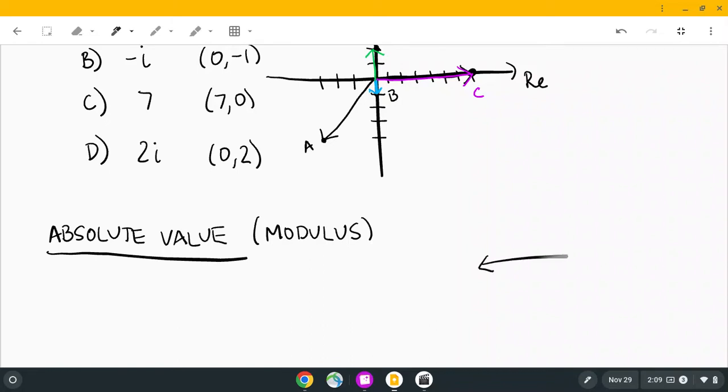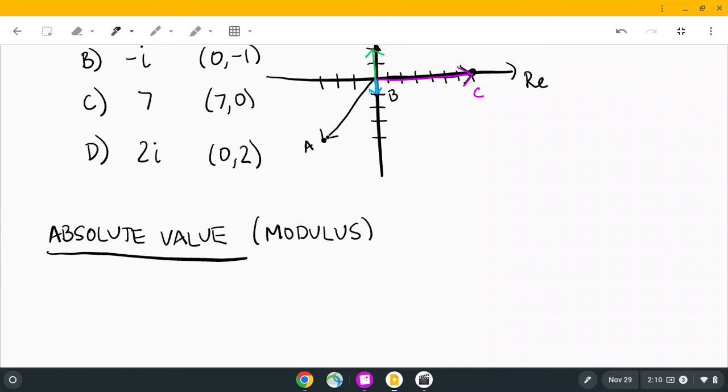When we're talking about the absolute value of 3, or the absolute value of -4, we're saying, how far away is it from 0? This idea of absolute value being the distance away from 0 transfers over to complex numbers.